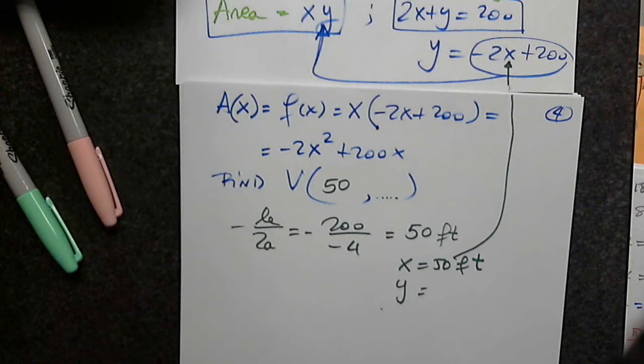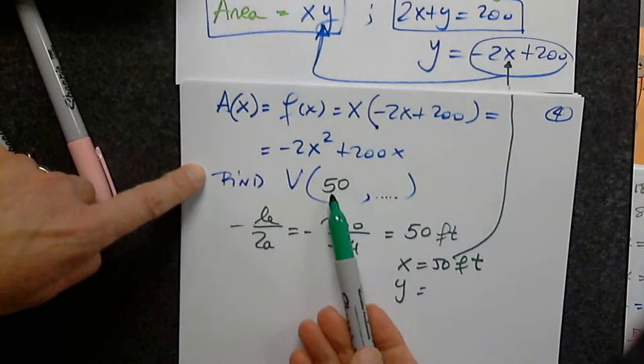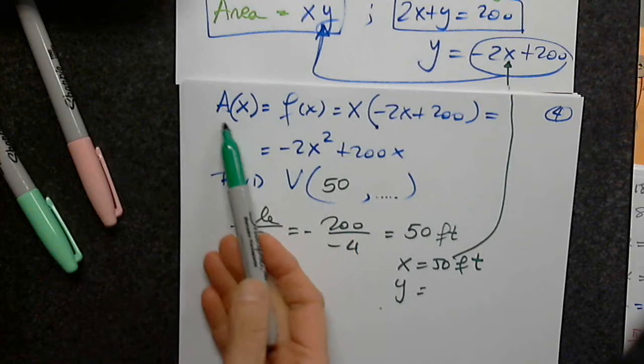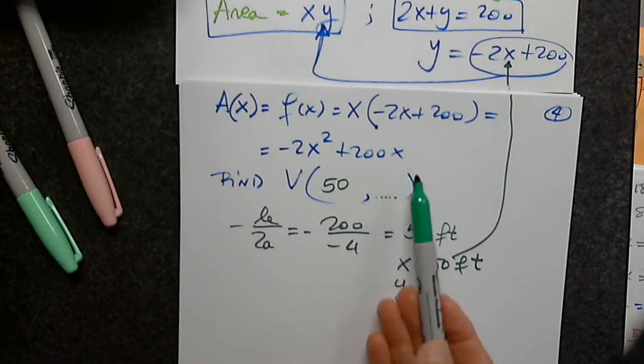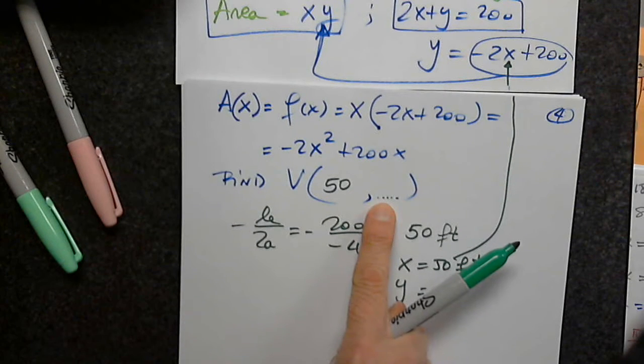Exactly, that's what it will be. This is a quadratic function. Once I find where the maximum is, since I know that this is the area, once I plug in 50, this will be the maximum area. It's the y coordinate of the vertex.